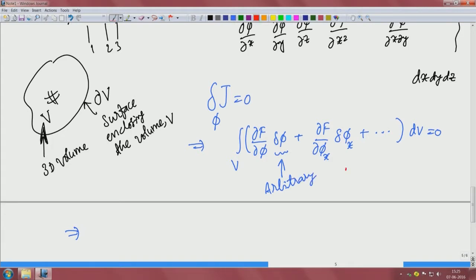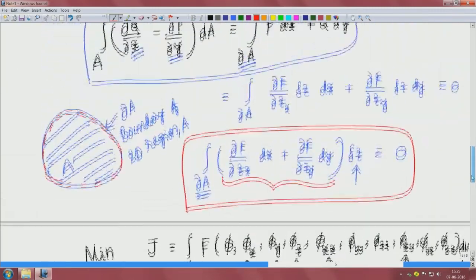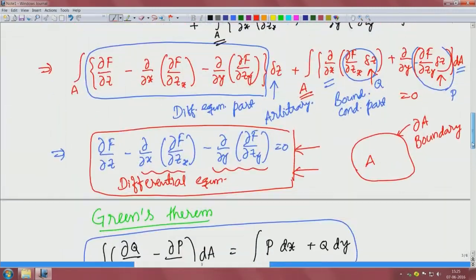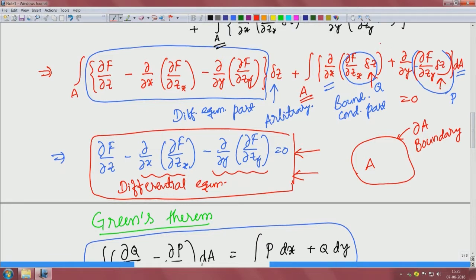Now, when you have things like this, we use the same trick that we used before, that is we replace that with something that involves only del phi and not del phi sub x. So, when we do all that, we collect all the terms that have del phi, and that gives us the differential equation, and then the del phi terms which will be in the boundary part. Recalling again 2D, where we get something like this, where the del z was inside, we have to use Green's theorem.